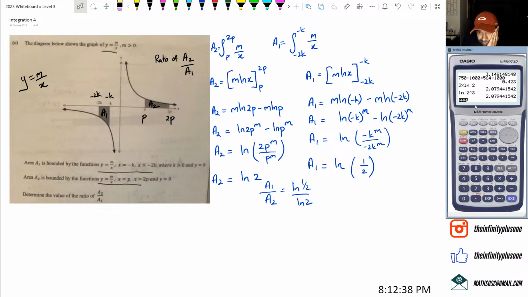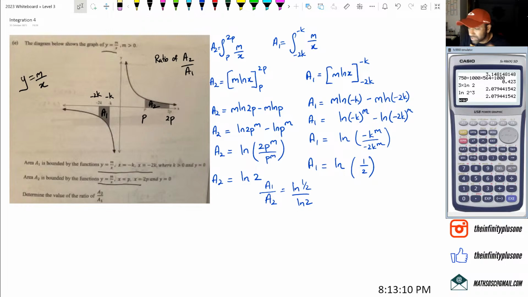I think I know where my problem is. ln of negative half. I feel like I've made a mistake with that negative 2km. I feel like that's where I've made a mistake. It doesn't look right, the negative 2km.